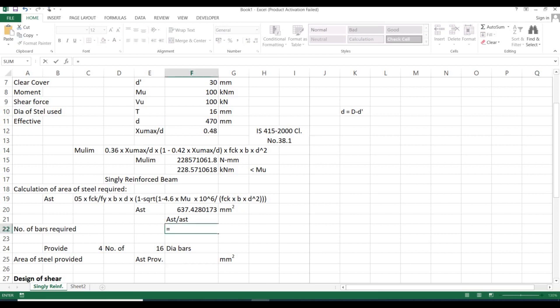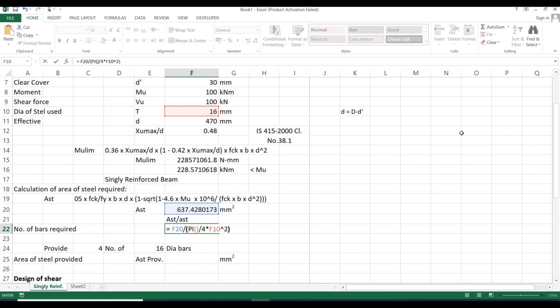Now we start to calculate the number of bars required, capital Ast by small ast. Capital Ast is this 637.47 divided by small ast. How to calculate it? Using the formula pi into pi by 4 into d square, that is the diameter of the bar 16 square.